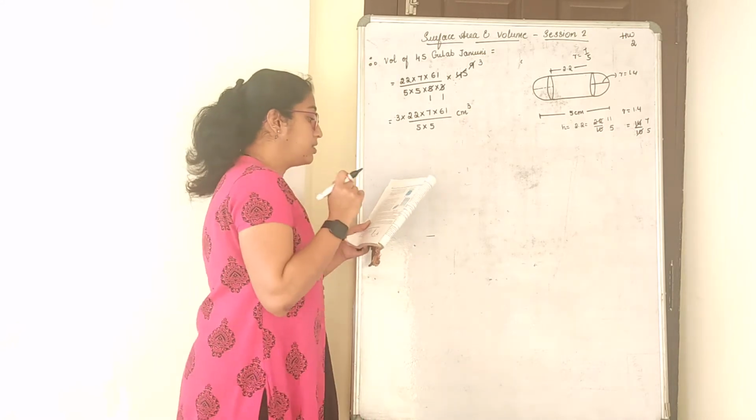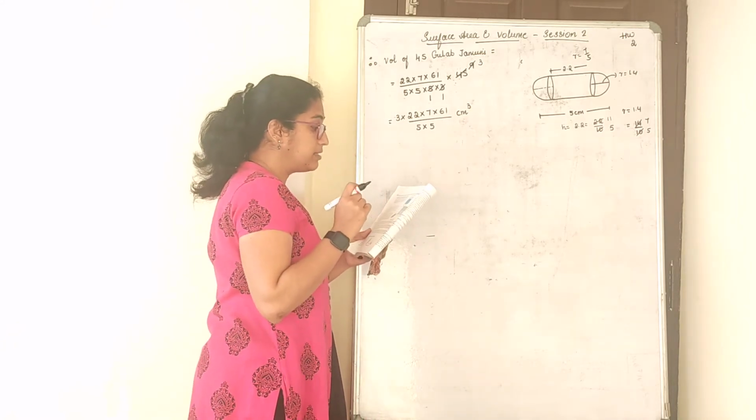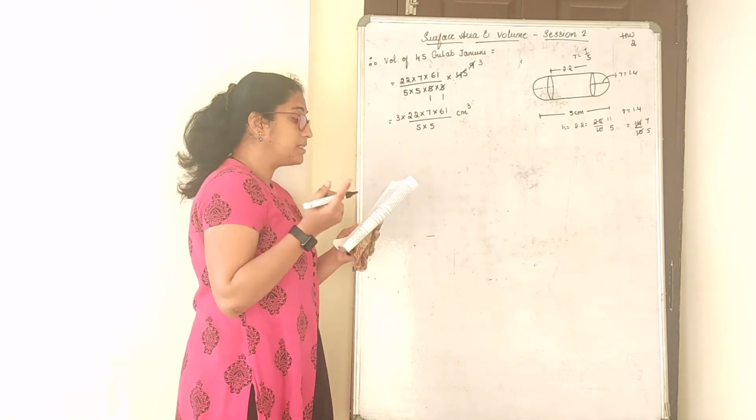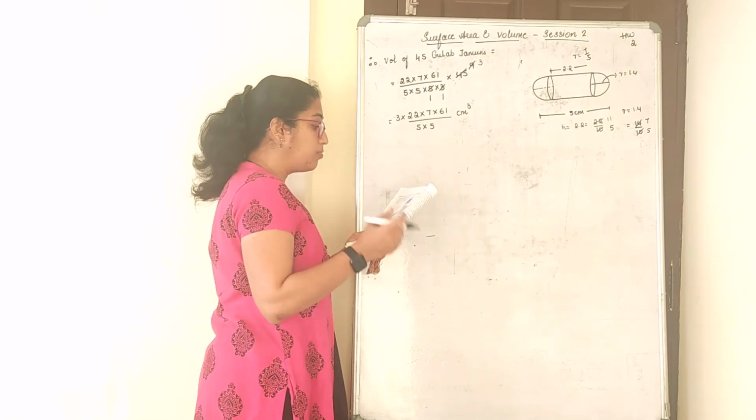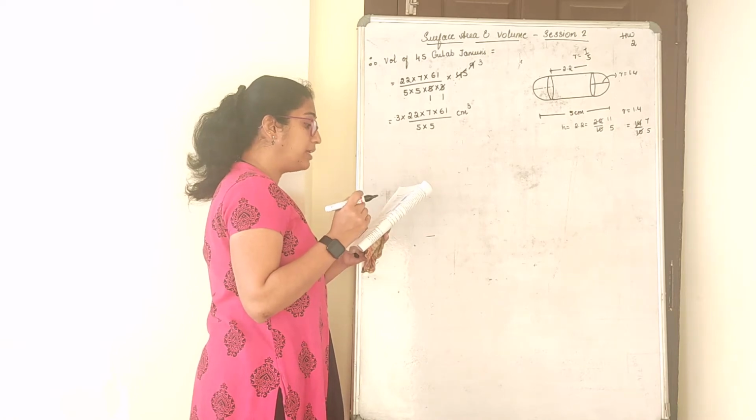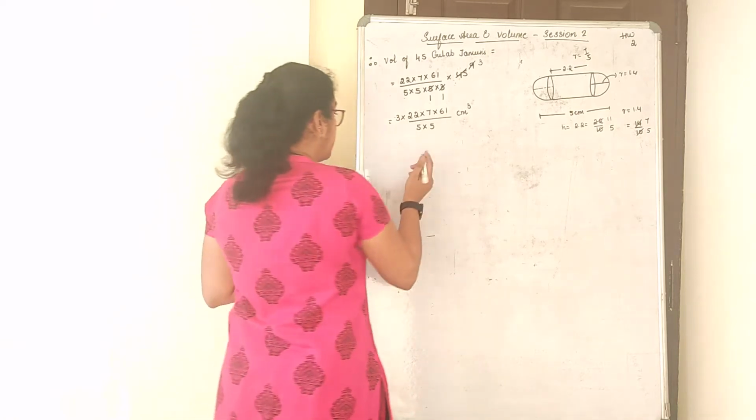One gulab jamun contains the sugar syrup about 30% of its volume. Find approximately how much sugar syrup would be found in 45 gulab jamuns. Now write.